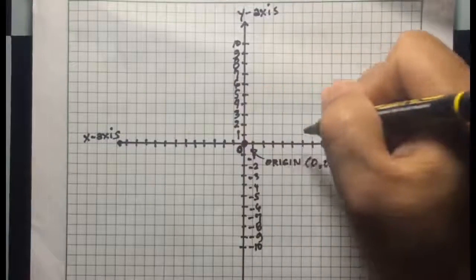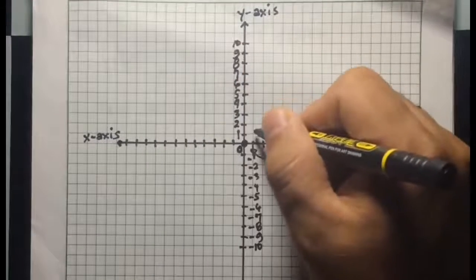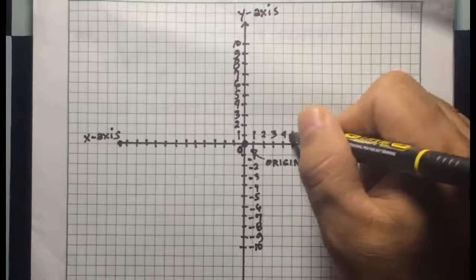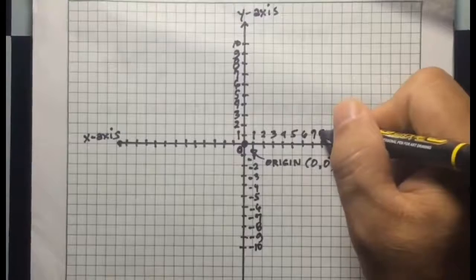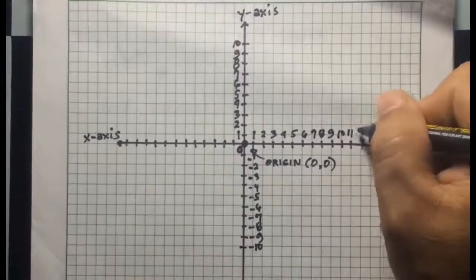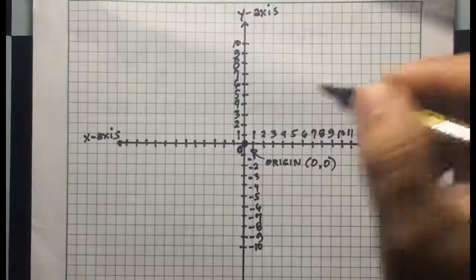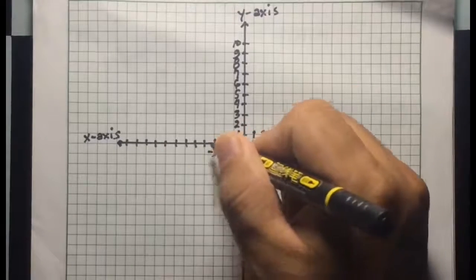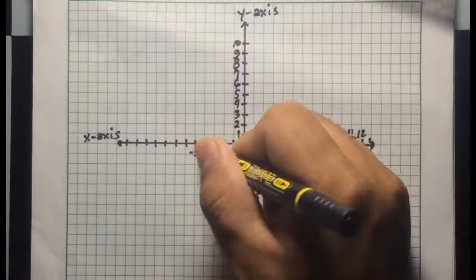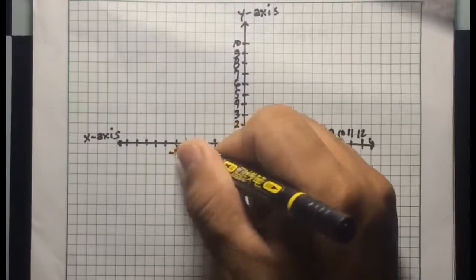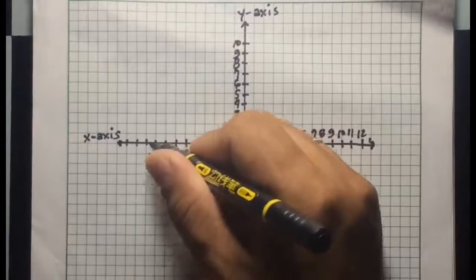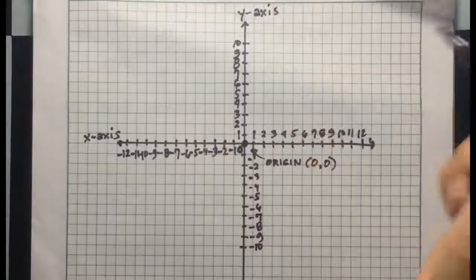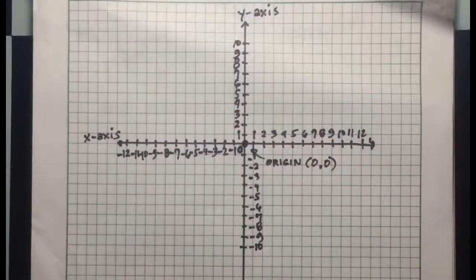Then on the right of the x-axis are positive numbers: 1, 2, 3, up to 12, up to positive infinity. On the left, it's negative 1, negative 2, up to negative 12, up to negative infinity.